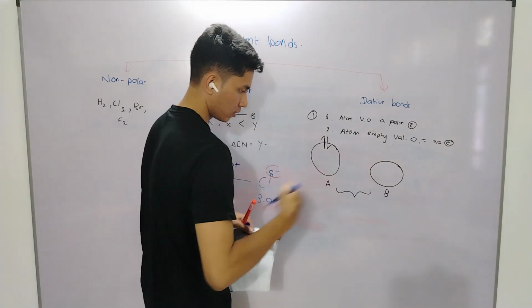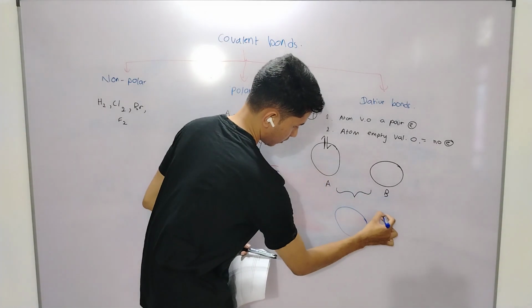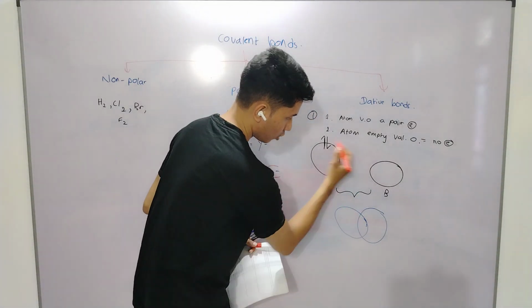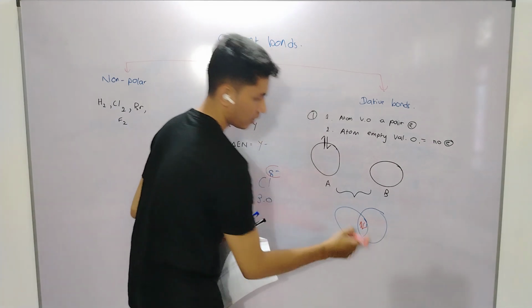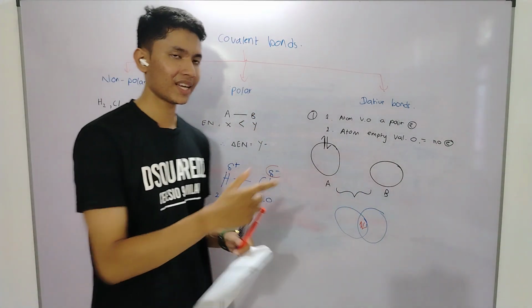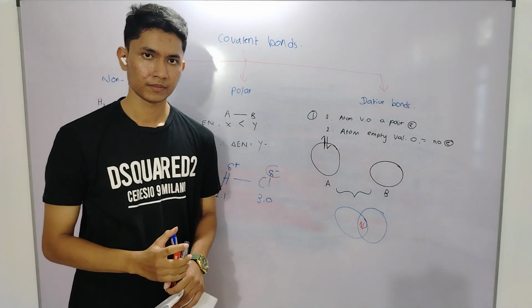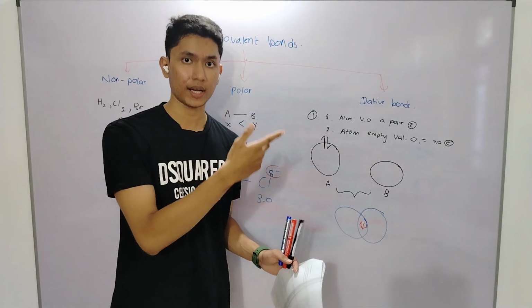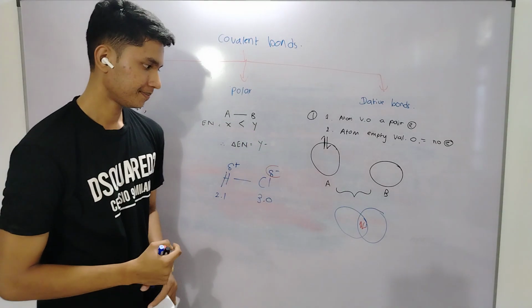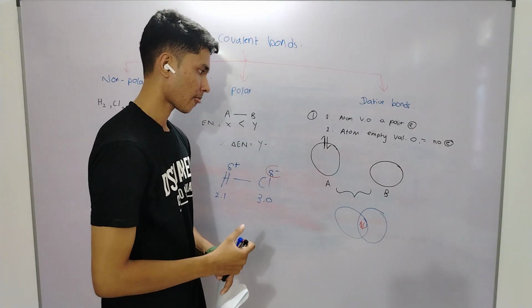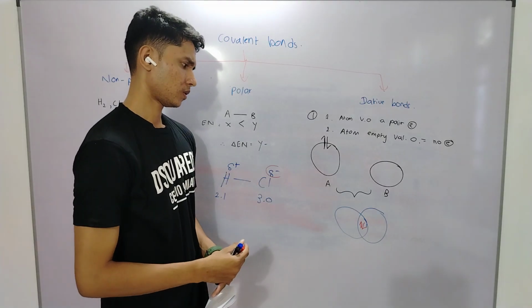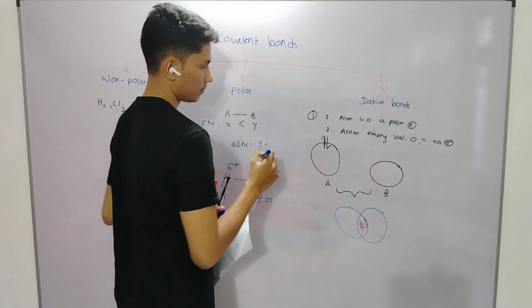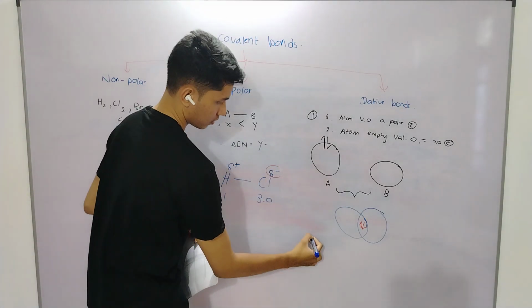How? Both orbitals will overlap, and both of these electrons are shared with the valence orbital of the other atom. Now this is how we denote it.